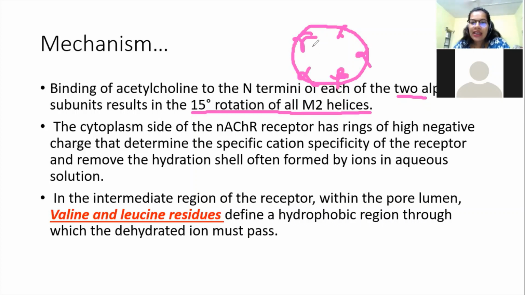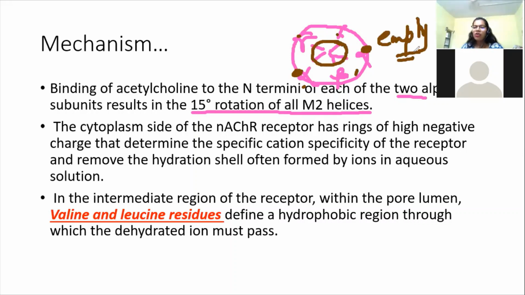The M2 helices are inside, so they are blocking the pore, that central cavity. When the ligand binds to these alpha subunits, there is a 15-degree rotation, so each of these rotates 15 degrees. This entire region becomes empty. This is how your acetylcholine receptor gets a conformational change and opens up.